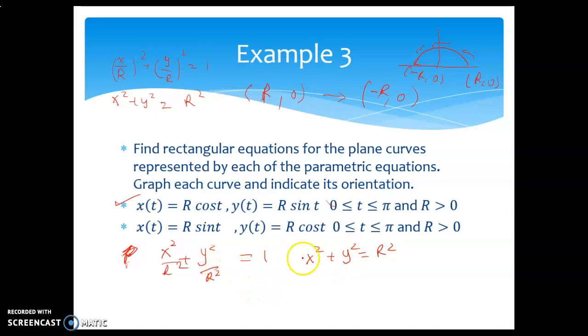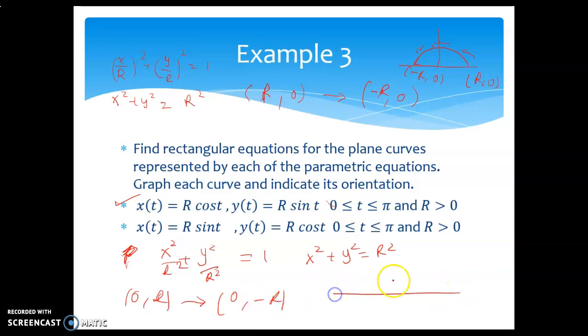When we plug in 0 here, we get 0 for x and r for y, then the second point we get 0 again, and then negative r.